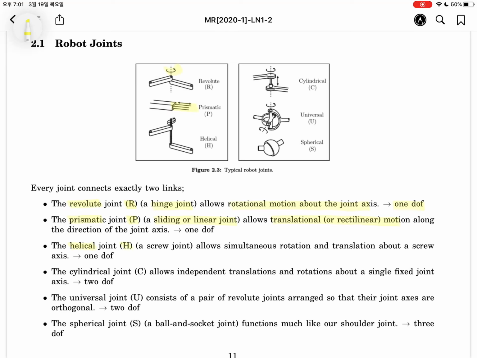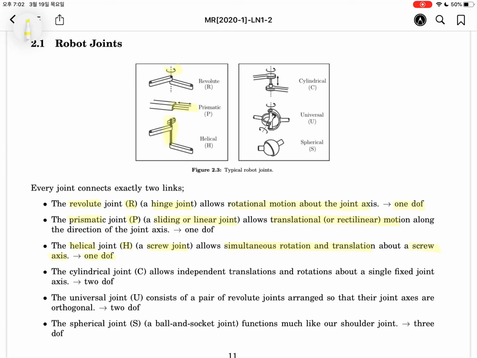The helical joint, denoted by H, has the nickname of the screw joint. It allows simultaneous rotation and translation about the screw axis. The translation is dependent on the rotation, so it provides just 1 degree of freedom.